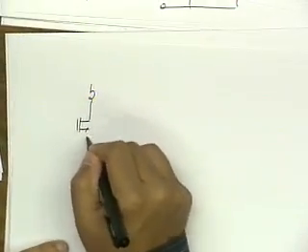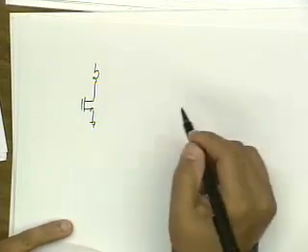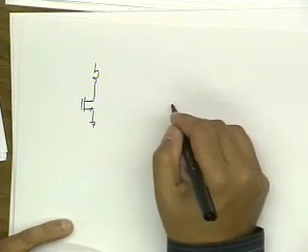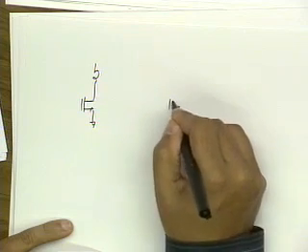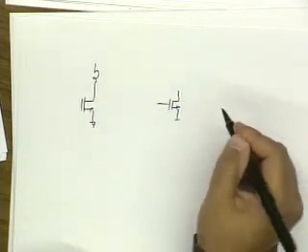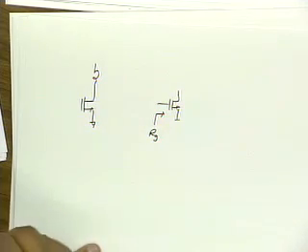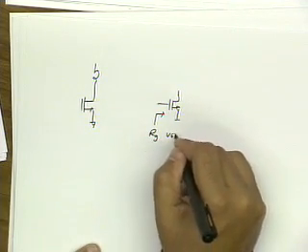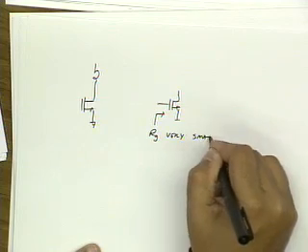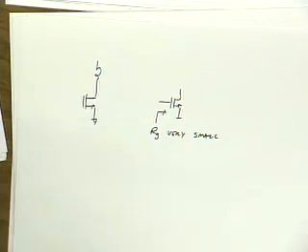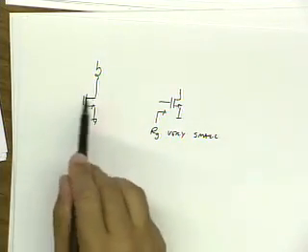So let's say, okay, I already started drawing stuff. Let's say that looking into here, RG is very small. So I'd like to boost RG up so that it matches RO of this stage.